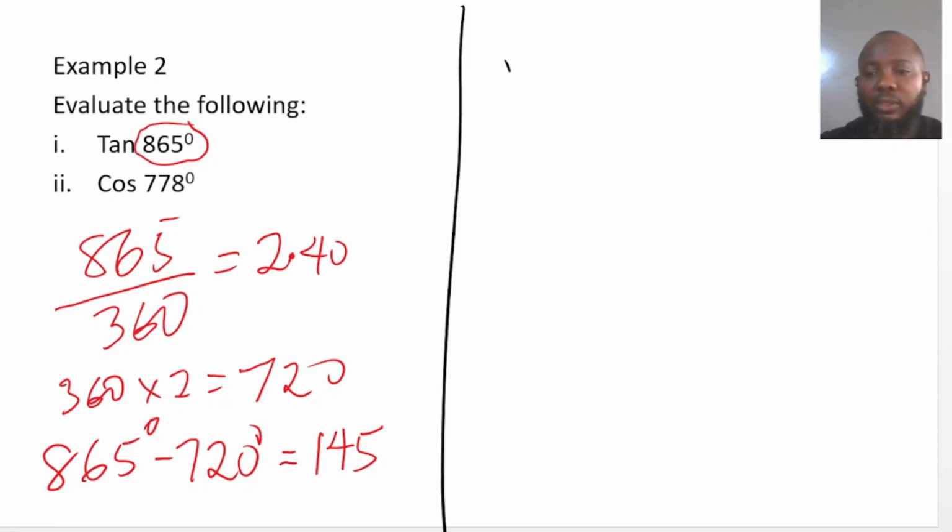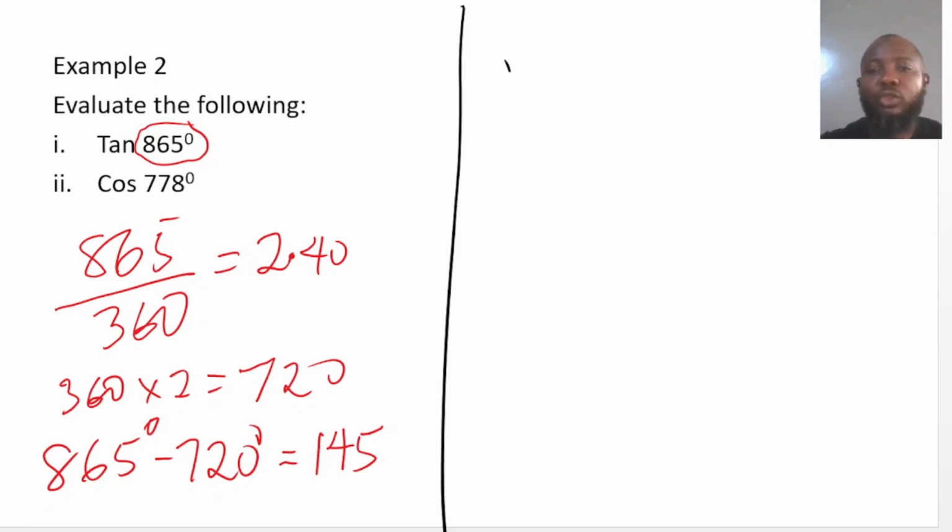The question you now ask yourself is: 145 falls in which quadrant? That is the second quadrant. So in the second quadrant, is tan positive or negative? You know that tan is negative in the second quadrant. Tan is positive in the fourth quadrant. We have discussed that, right?